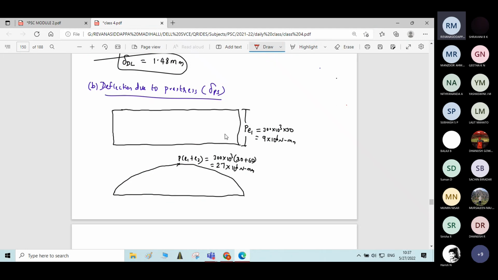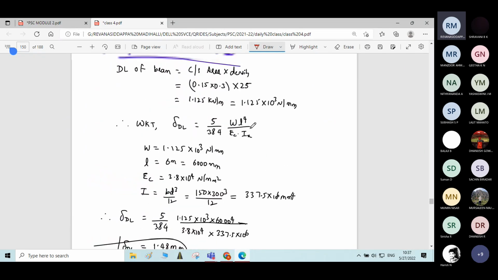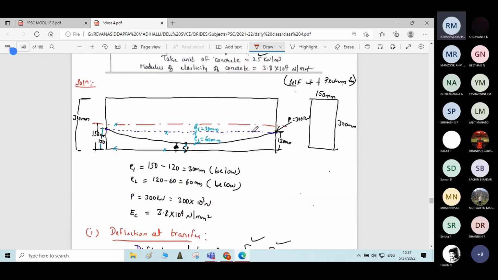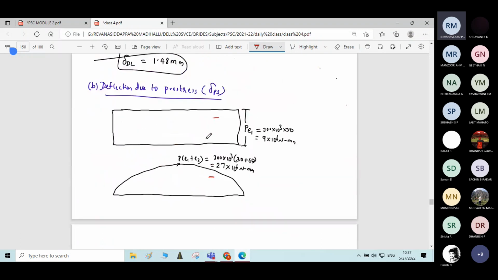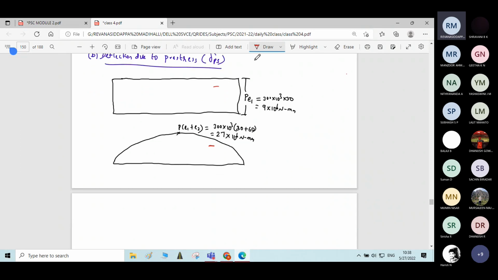That sign depends on whether the eccentricity is below or above the central axis. If the eccentricity is above the central axis, then sign is positive. Below the central axis, sign is negative. So here both E1 and E2 are below the central axis. Therefore, both the signs will be negative. Okay, this is the change that we can see in this problem.